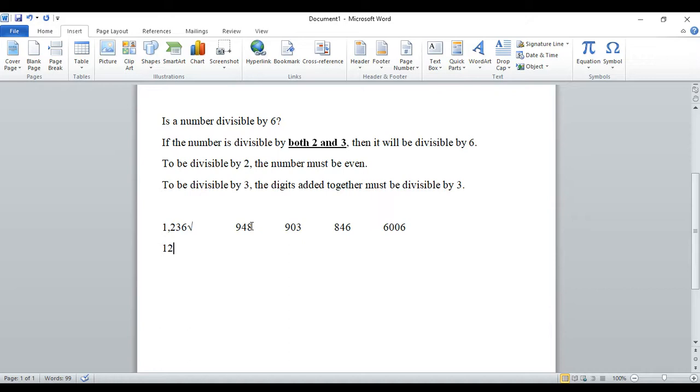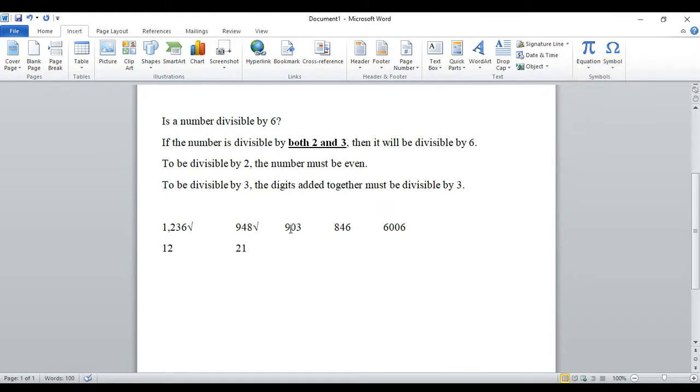And will 3 go into 21? Yes, it will. So that means that 948 passed both tests. So it is divisible by 6.